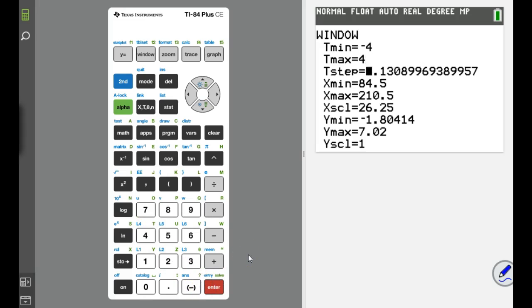Now, the T step, everybody gets all confused. It's what you want it to count by as it goes, because the only way the calculator knows to do this is to actually put the numbers in, just like we did. On our little table, we counted by ones, so we could put 1 in there. You can put something smaller, like 0.1. Generally, I just use 0.1 on all of them for the T step. I'll show you in a minute what happens.